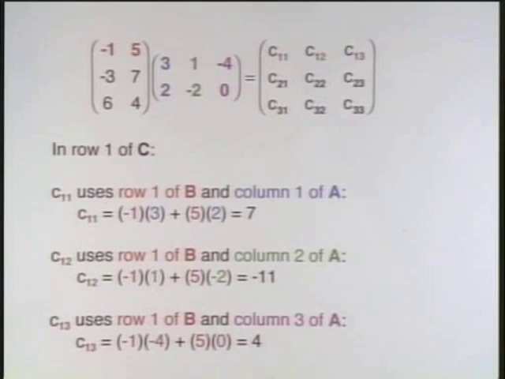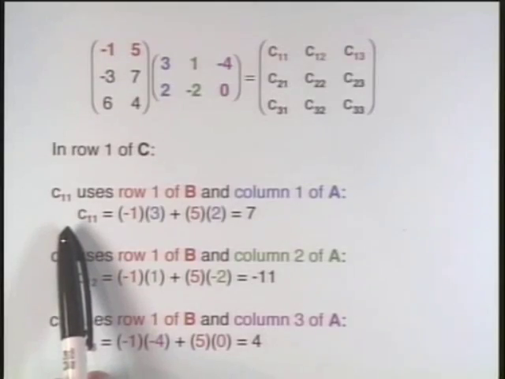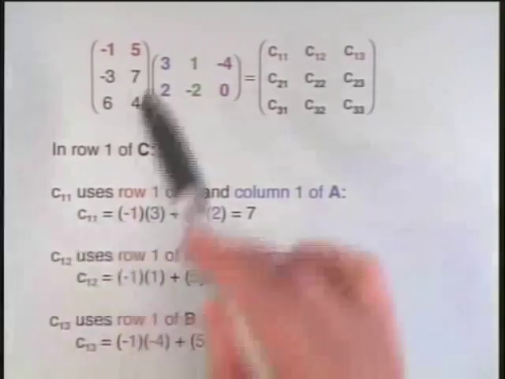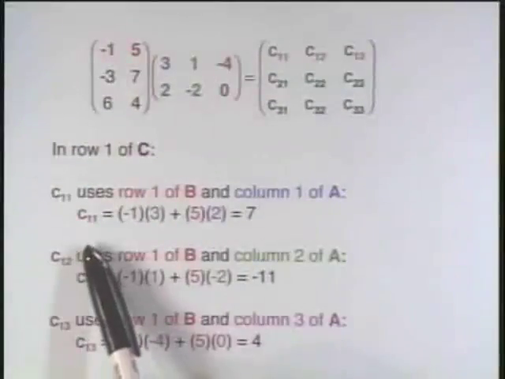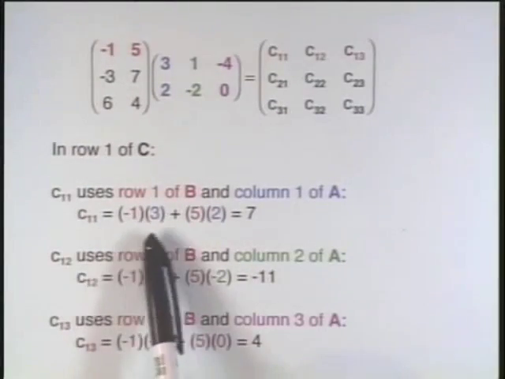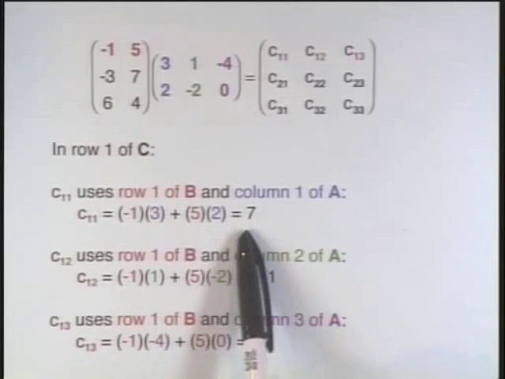We're going to be calculating the entries of C. In row 1 of C, C11 uses row 1 of B and column 1 of A. Therefore, C11 is negative 1 times 3 plus 5 times 2 for a value of 7.